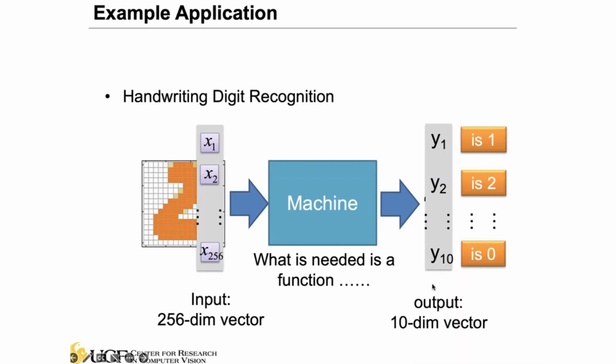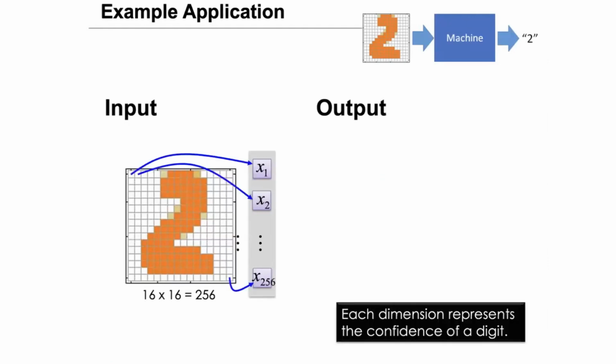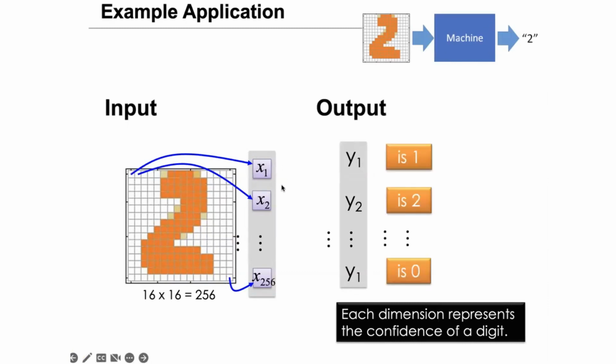And the output is going to be a 10-dimensional vector. The machine learning algorithm will build this neural network. This is some detail on how you can do the vectorization, and this is the output.